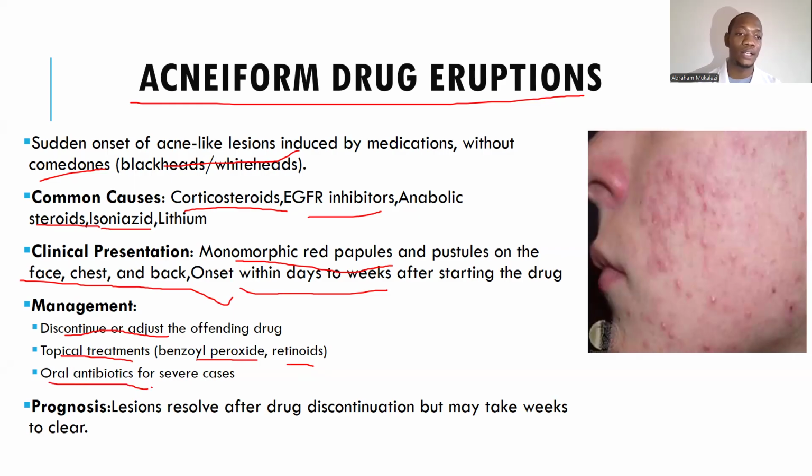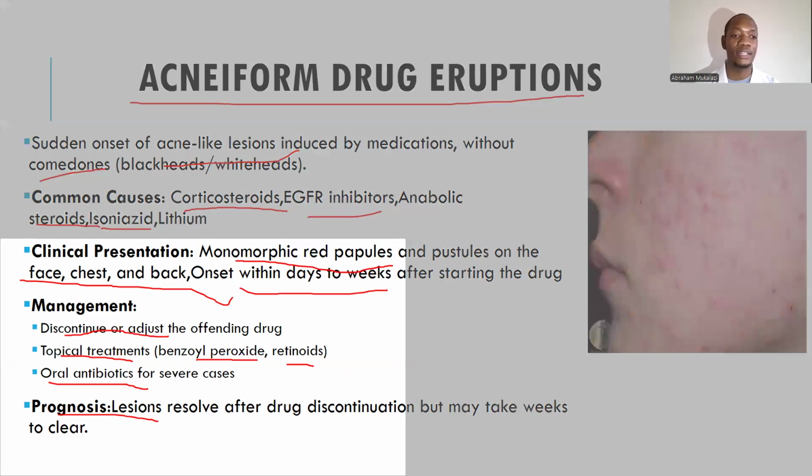Then you can also give oral antibiotics like doxycycline in case it is severe, to try to calm down the inflammation on the skin. The prognosis is usually very good, but sometimes it takes a little bit longer to clear, especially if the acneiform drug eruption occurs in a factory setting.